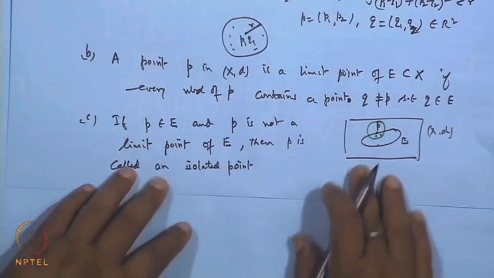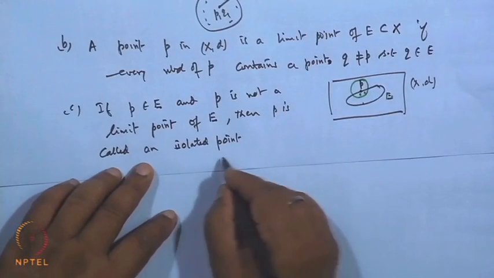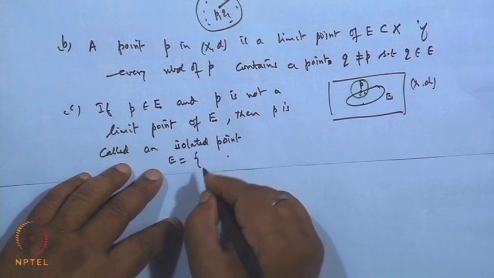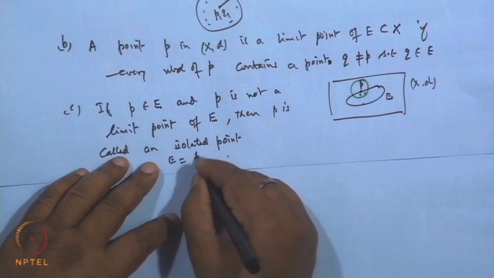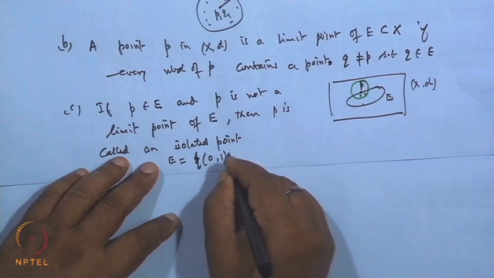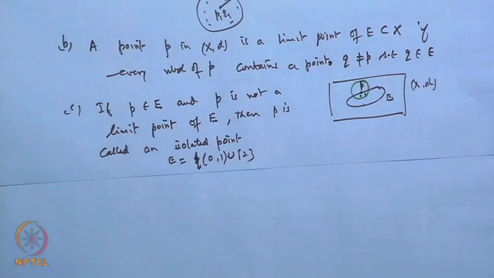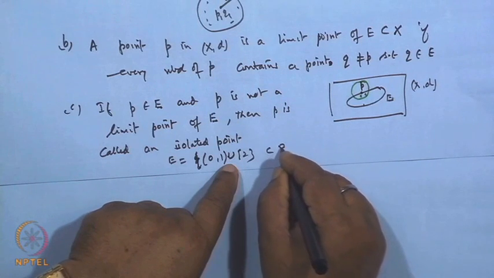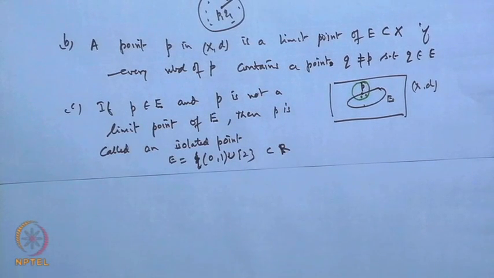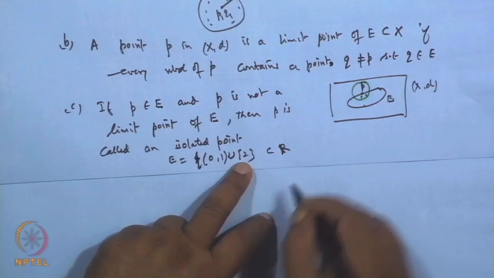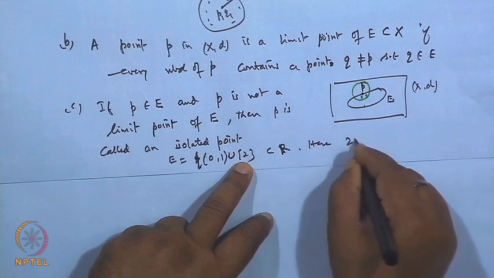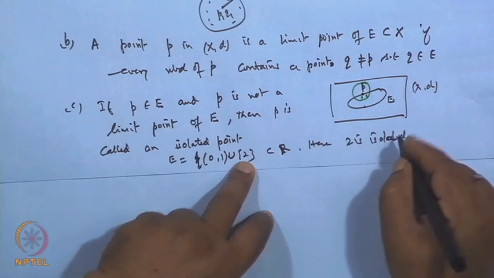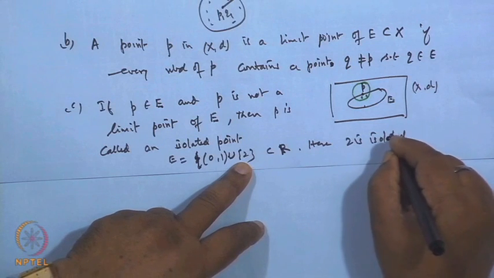Isolated point. For example, suppose I consider the set E as the set (0, 1) union {2}, a subset of R. Now, 2 here is an isolated point.